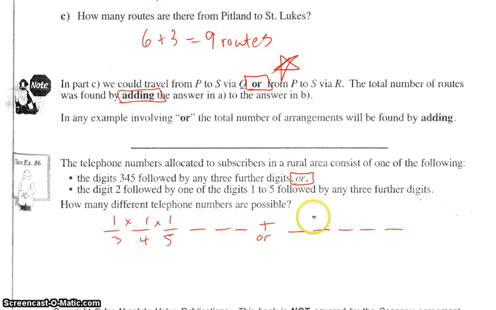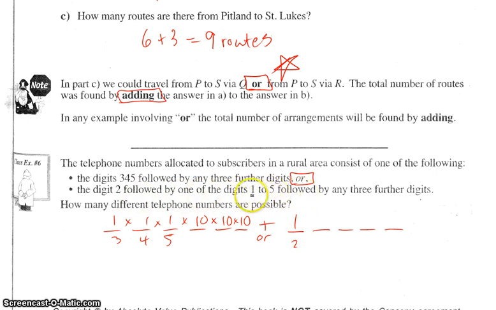So we just need to fill in the blanks for a number of choices. Let's look. So digits 3, 4, 5 followed by any 3 further digits. So there's 10 digits, and they said any 3 further, so 10 times 10 times 10. The digit 2, so this has to be a 2, so one choice there, followed by one of the digits 1 to 5.